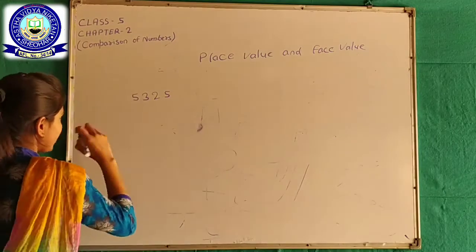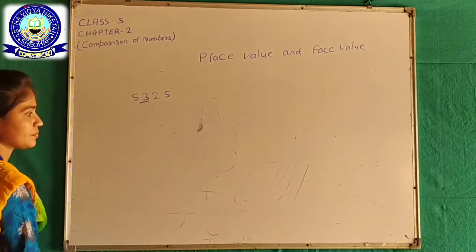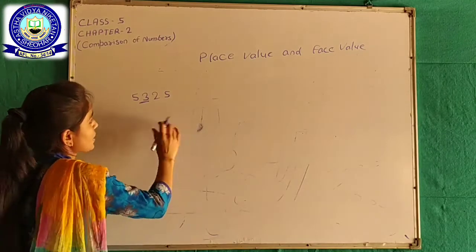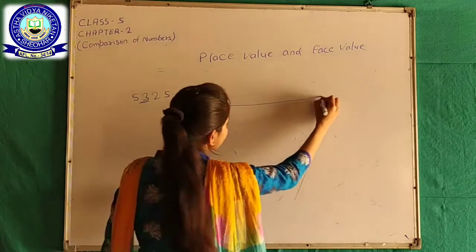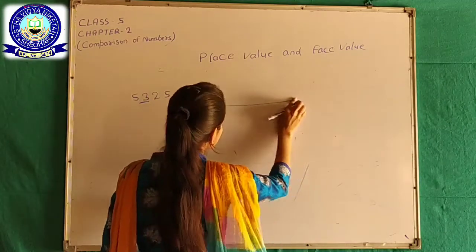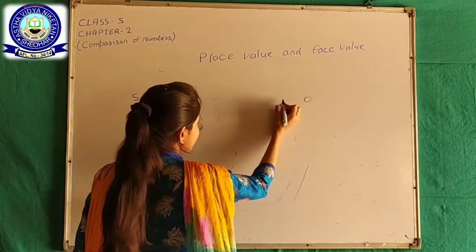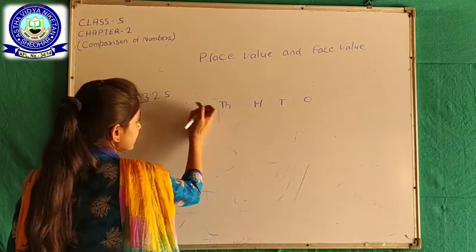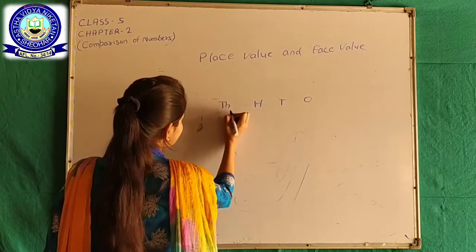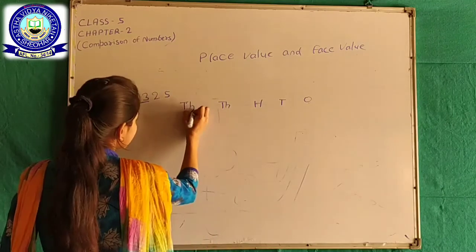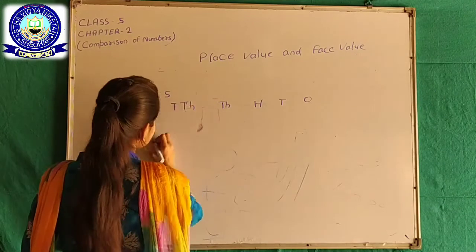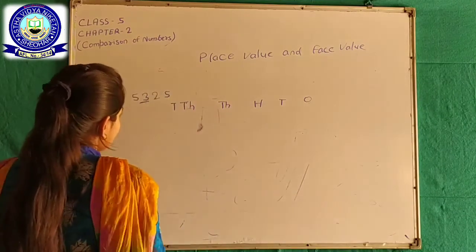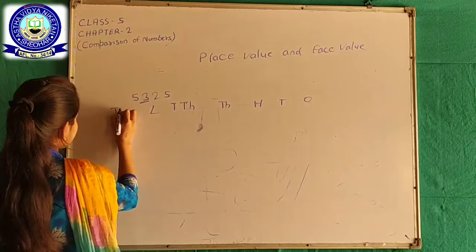We have to find out the place value of 3. First of all, we have to draw a chart to find the place value. Ones, tens, hundreds, thousands, ten thousands, lakh, ten lakh.